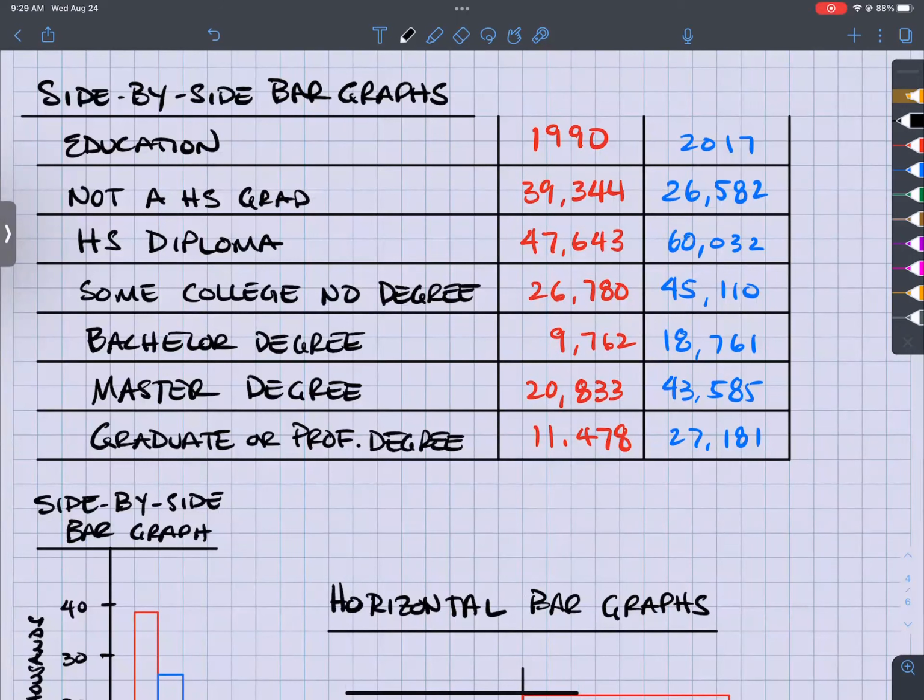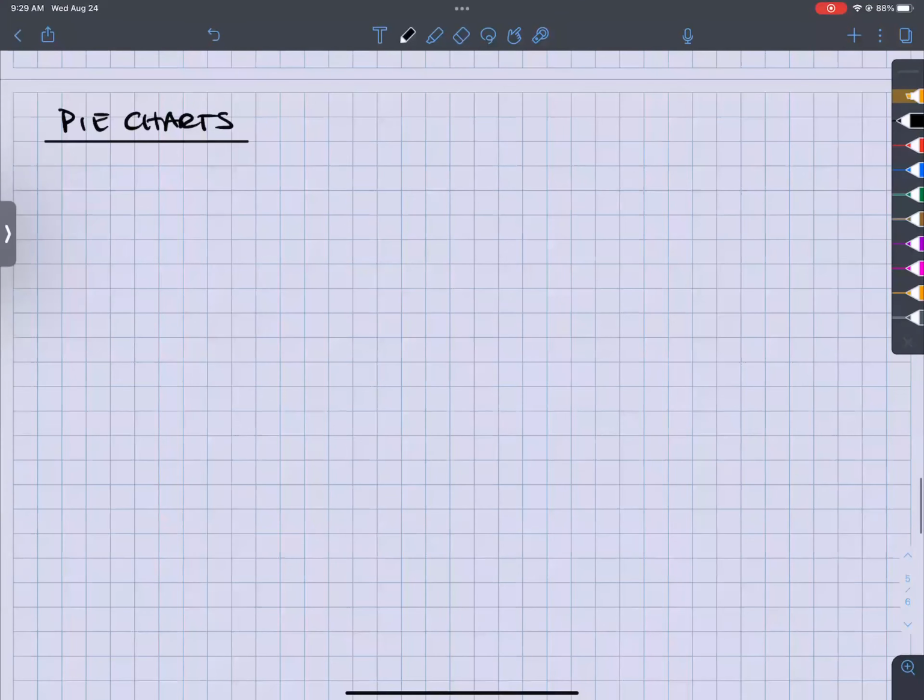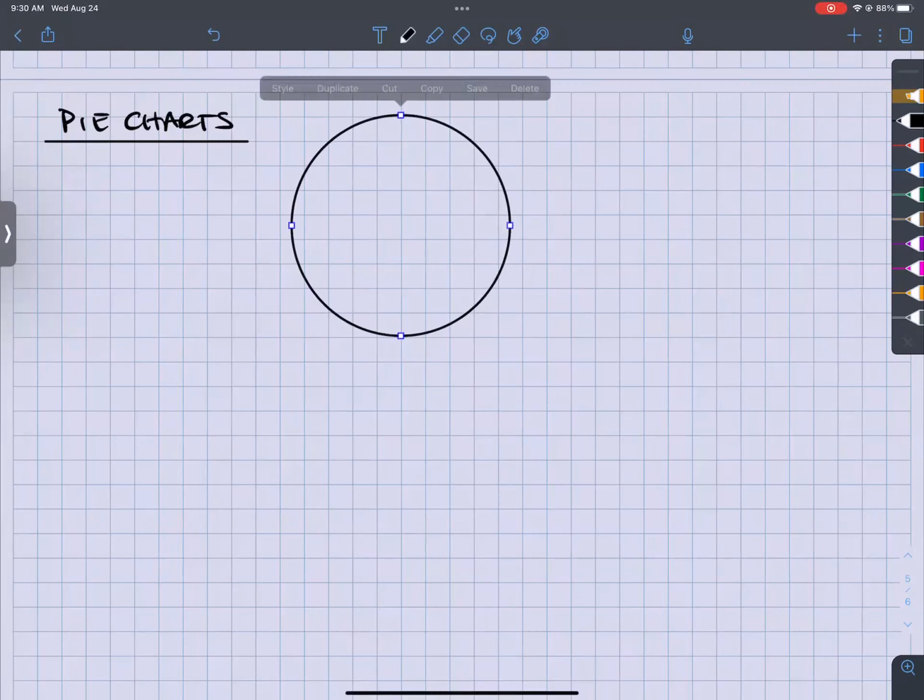How would I decide to use this information and create a pie chart out of, let's say, 2017? So I'm only looking at 2017, and I want to put 6 different pies in here into a pie chart. So a pie chart looks like a pie, right?